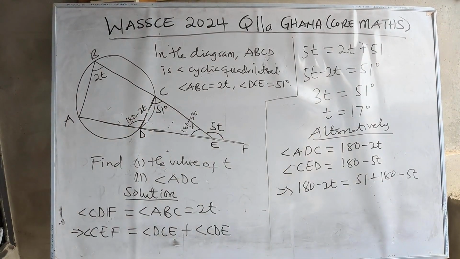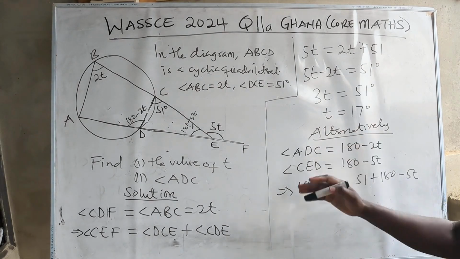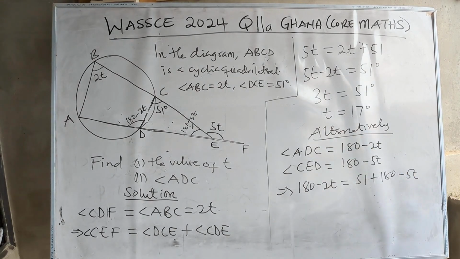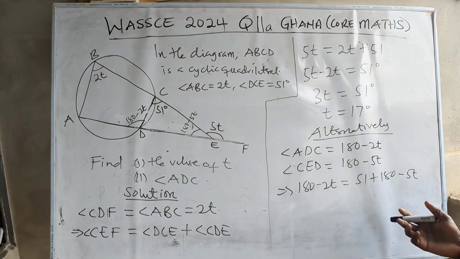Now let's look at how we are going to get our answer. What we are going to do now is group like terms. We take the t to one side and the numbers without the variables to another side.